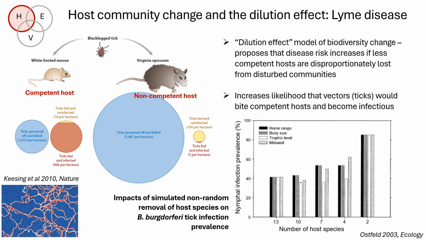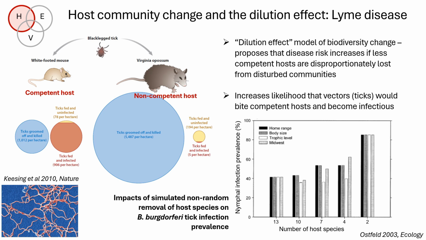And it turned out through elegant combinations of field and experimental work that this was a community composition effect, that as you move into these more disturbed forest landscapes, the density of very competent white-footed mice was increasing, and the density of some of these less competent hosts was declining, leading to increases in infection within the wildlife population and consequent increasing risks, hazards for infection for people.